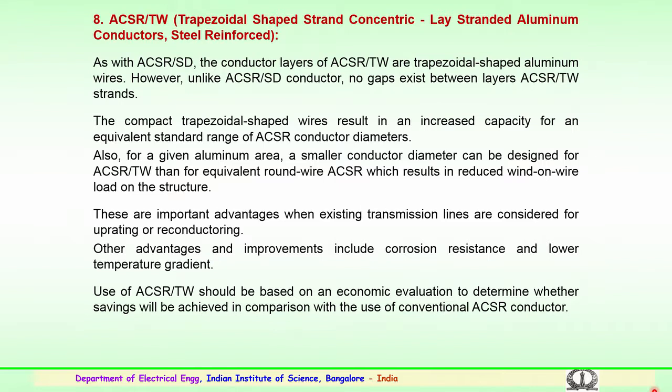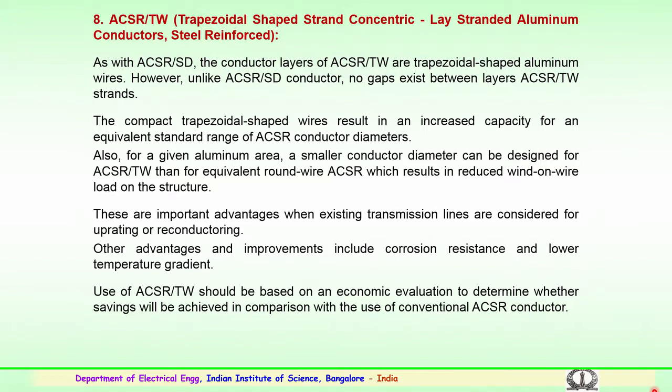So, these are important advantages when existing transmission lines are considered for uprating or reconductoring. That is, uprating is upgrading the conductors, or reconductoring, that is removing the conductors and changing the conductors. So, this type of advantages exist in this type of conductors.